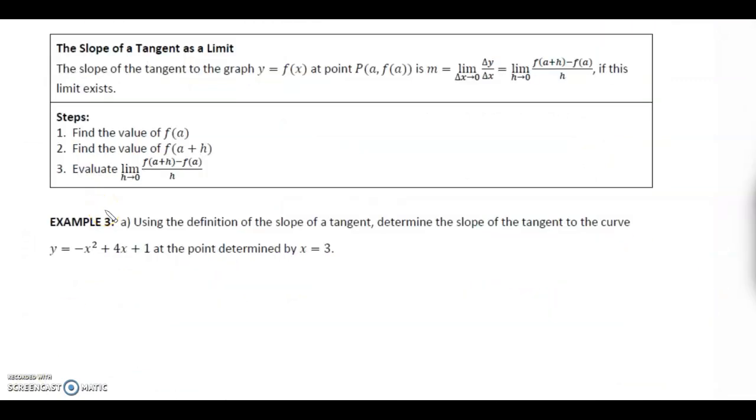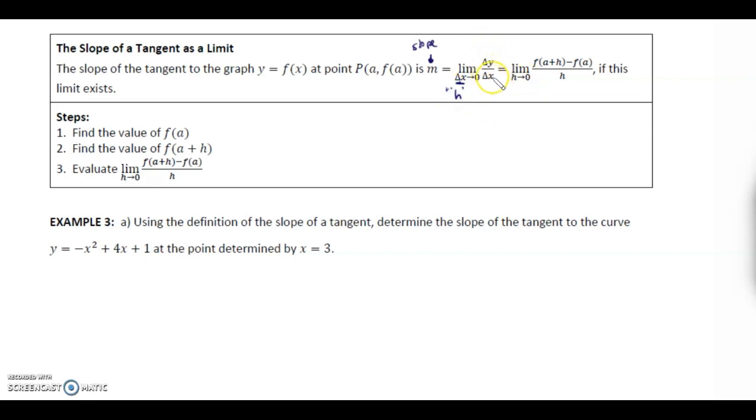All right, the slope of a tangent as a limit. So the slope of a tangent to the graph y equals f at x at the point P, a, f at a is m, right? So we used to call this the slope back in grade 9, equals the limit as the difference in the x approaches 0, right? So that h value.